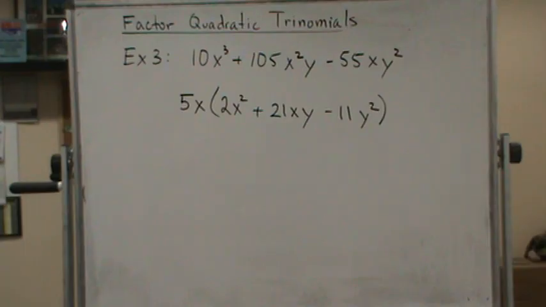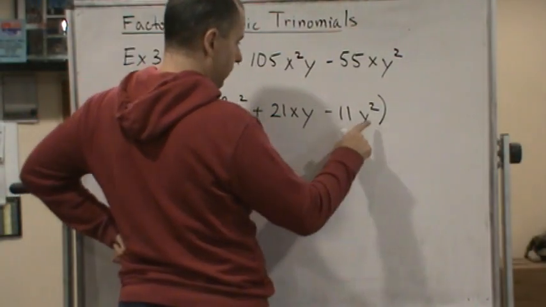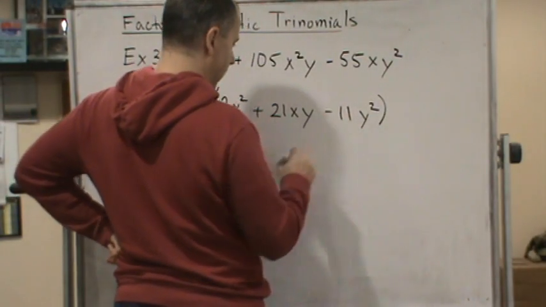Now, if we look at the first and last term, there's an x squared here, and there's a y squared here.